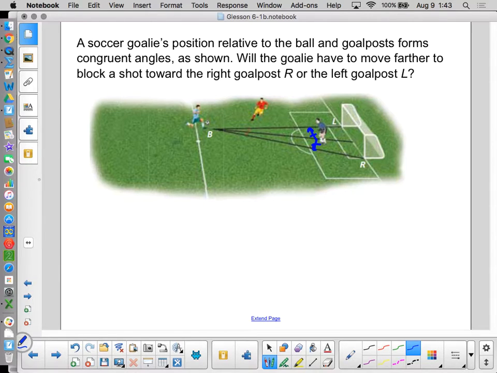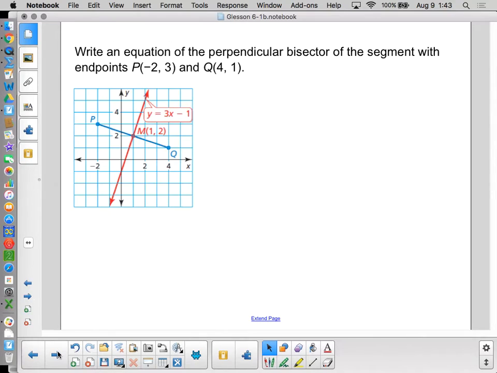So as far as positioning goes, if you're playing keeper in a situation like that, you want to be on that angle bisector to make sure you can move equally to the left and right sides of the goal to block the shot. That's why the goalkeeper stands in that position. Now it gets more interesting.